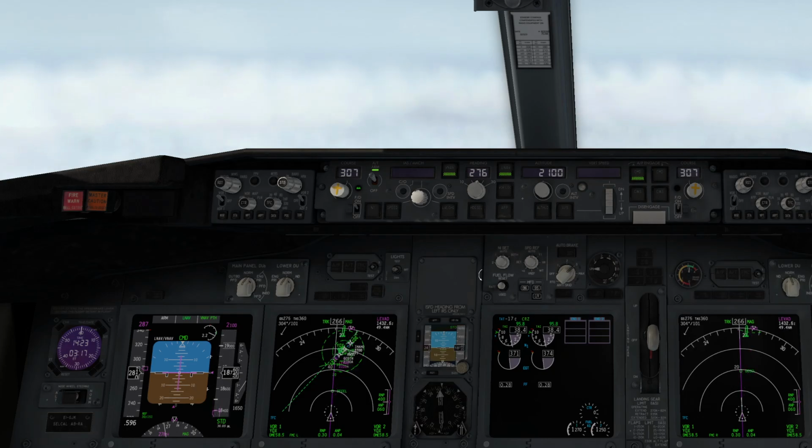So passing flight level 185, we go to altimeter 3009. At this altitude the wind has decreased a little, it's now 99 knots headwind.